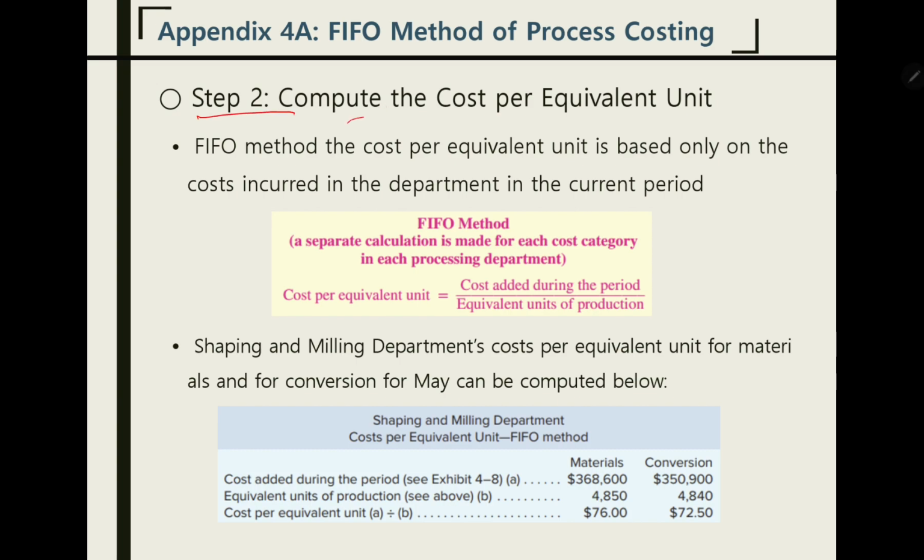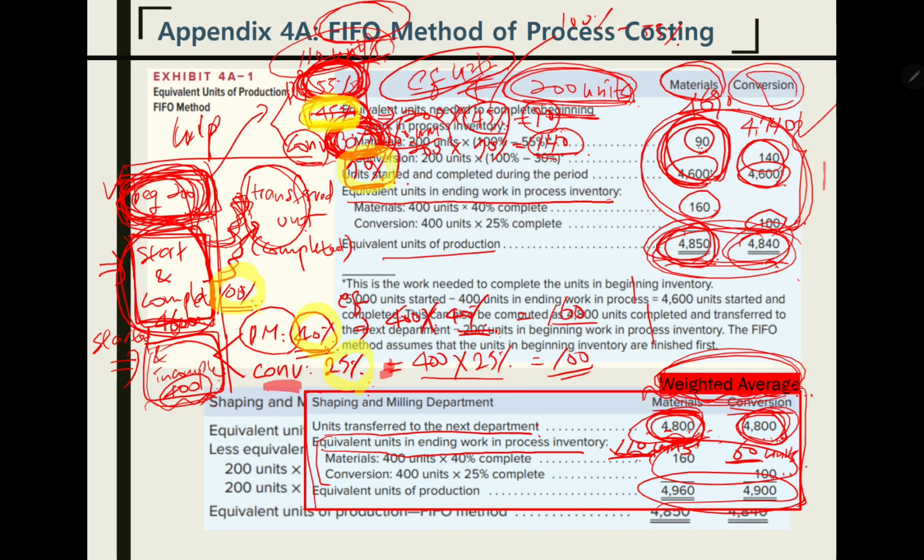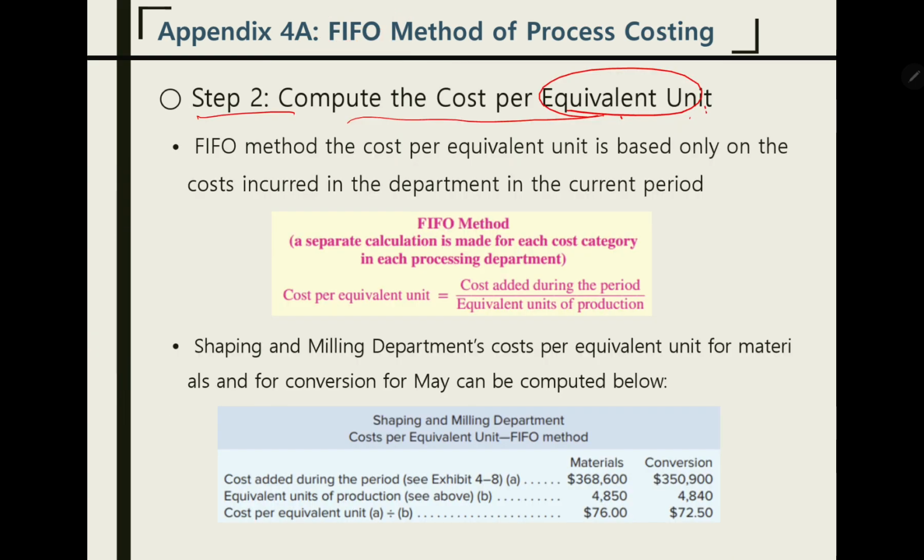The second step is to compute the cost per equivalent unit. So in the first step, we already computed the number of equivalent units, right? 4,850 for the direct material cost and 4,840 for conversion cost. So here.